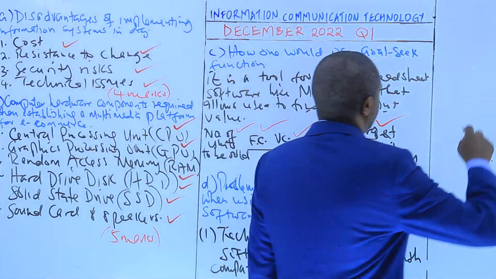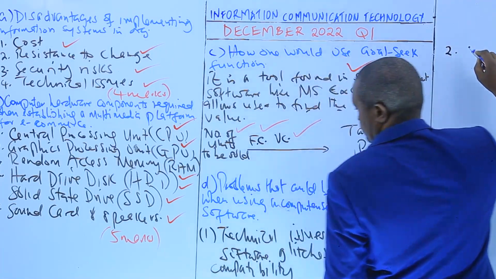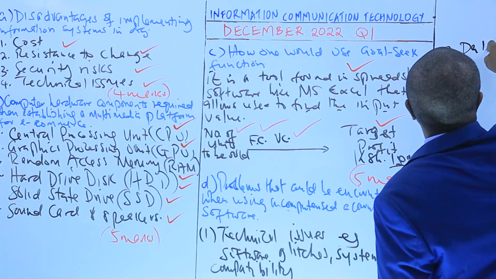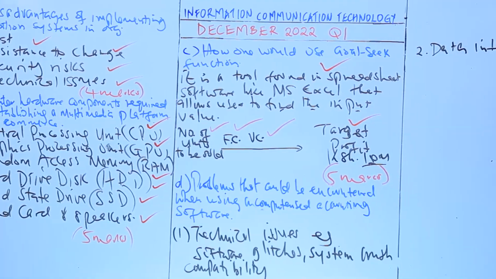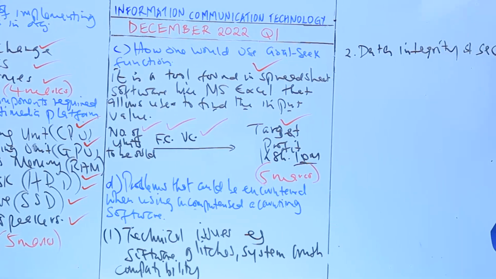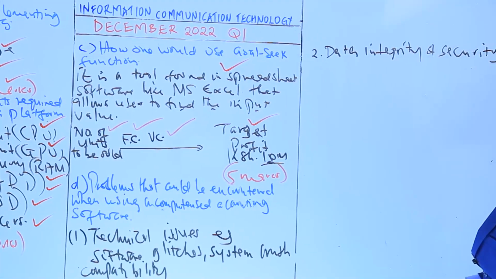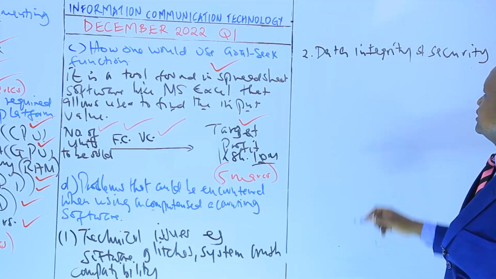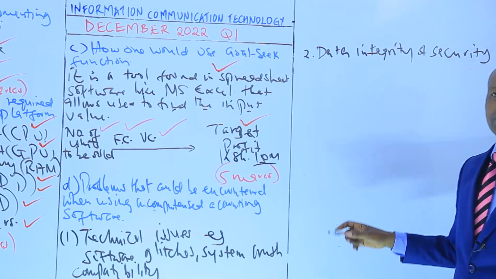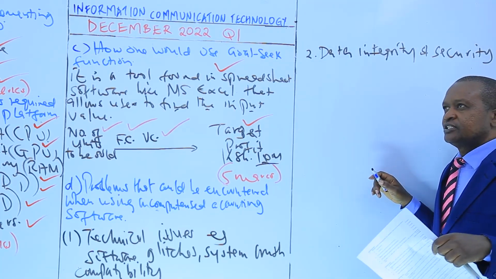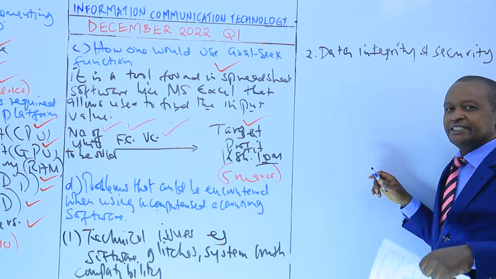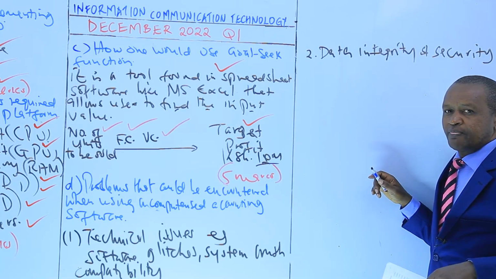Data integrity and security, number 2. Computerized accounting software manages what we call sensitive financial data.